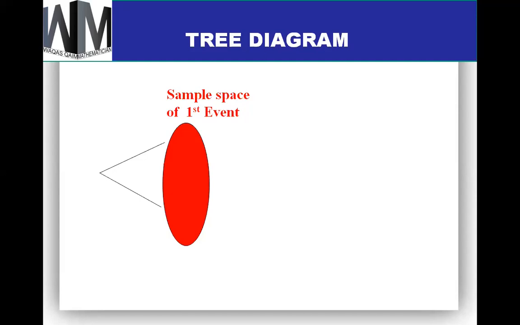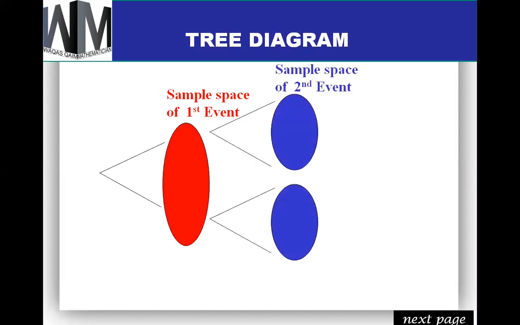If you have two events, you just write all the possible outcomes of the first event in the first column in red ovals, as shown on your screen, and then before every outcome you write the sample space of the second event. If there are two outcomes in the first sample space, you write the sample space of the second event twice.